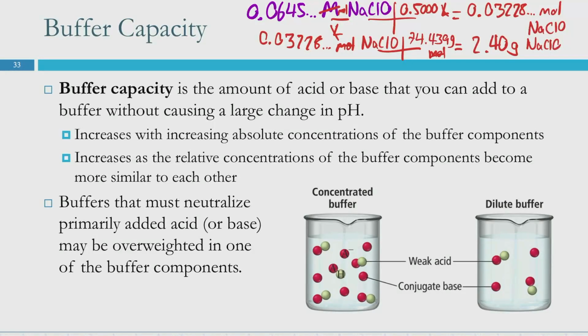Last class, we talked about buffers and some buffer situations and buffer range, the effective buffer range being approximately 1 pH unit above or below the pKa of the weak acid or weak base.